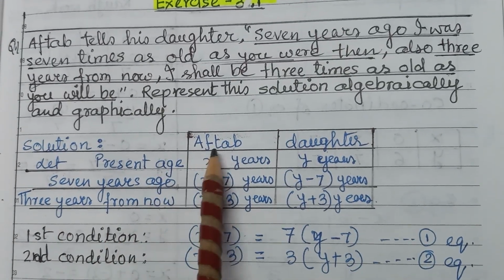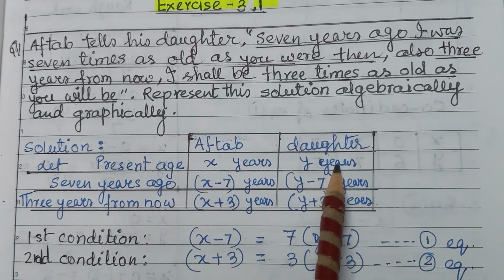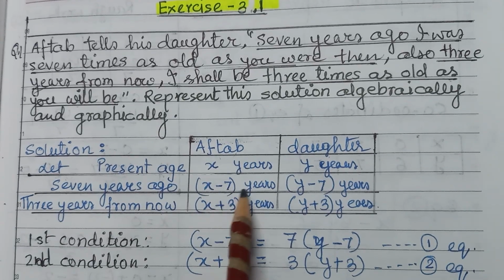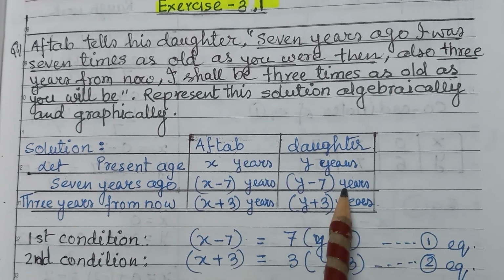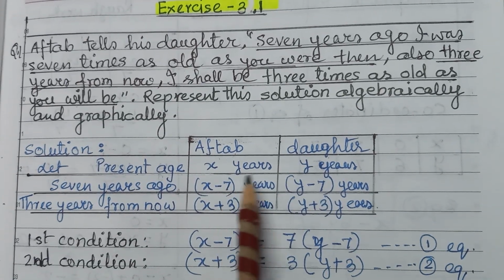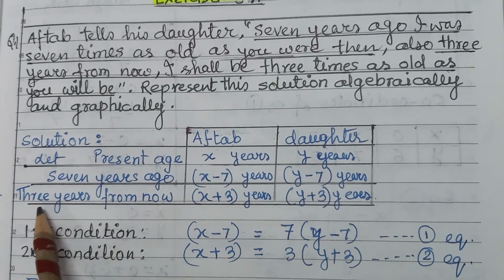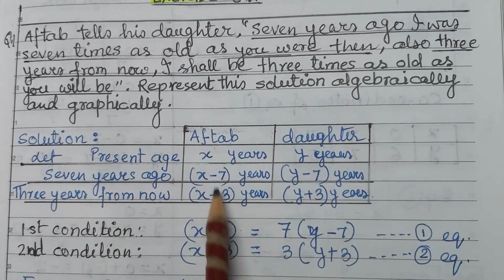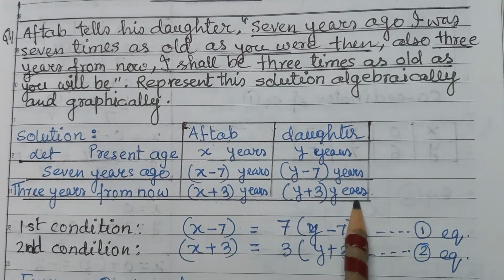Let the present age of Aftab be x years and the daughter's be y years. 7 years ago, it is x minus 7 years, and the daughter's age is y minus 7 years. 7 years before means minus 7. Then 3 years from now, Aftab's age is x plus 3 years and the daughter's age is y plus 3 years.